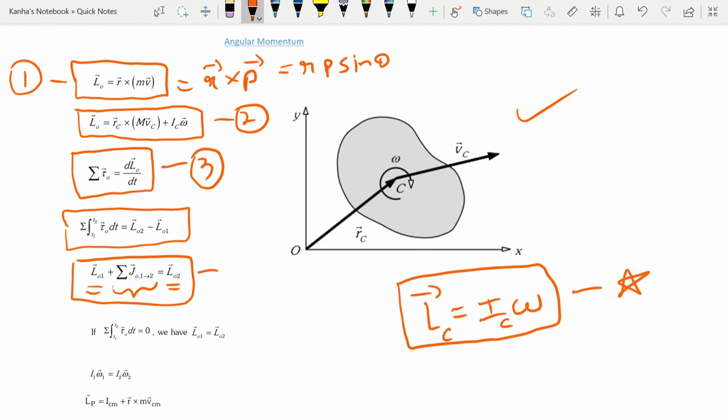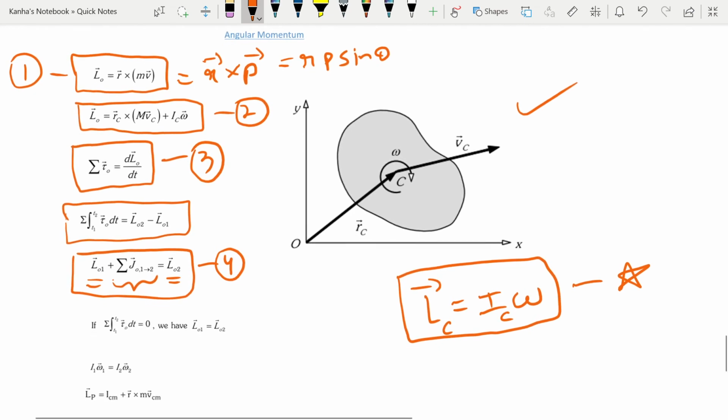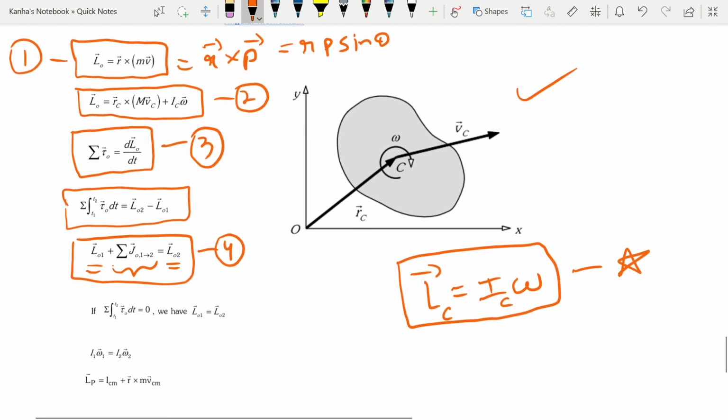You can go and revisit the lectures on pure translation motion, and you will find that this is similar to that case. Similarly, if my net impulse is zero, then my initial angular momentum is equal to final angular momentum. So that implies I1 omega 1 is equal to I2 omega 2.